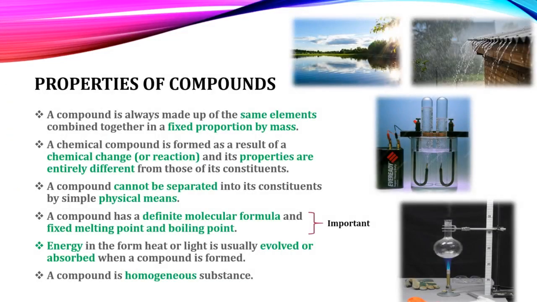Now let's move on to the properties of compounds. The first property is that a compound is always made up of the same elements combined together in a fixed proportion by mass.